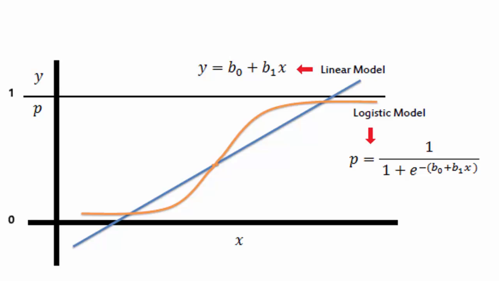So as you can see, a straight line is no longer a good fit to model this problem. We need that S-shaped line, as you can see in this graph, that will go from 0 to 1 and can tell us the probability associated with the value of x, that y will be 0 or y will be 1.